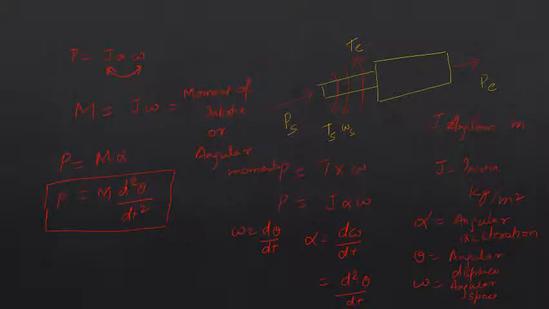Okay, so what can be the unit of M? The unit of M can be defined as joule per second upon mechanical radian.